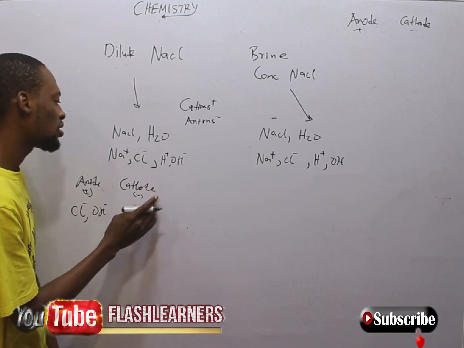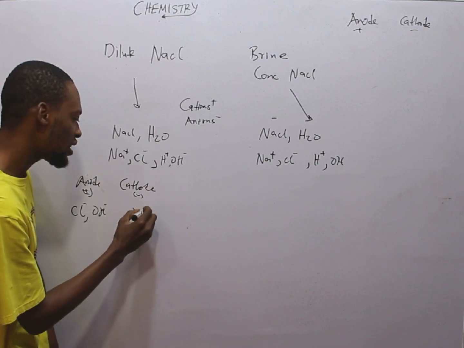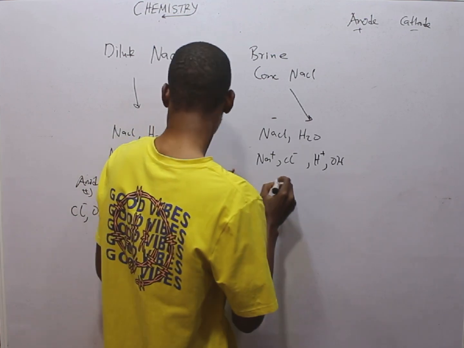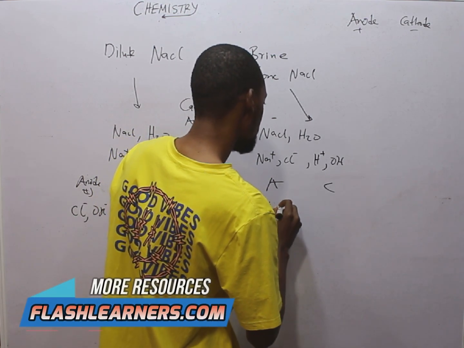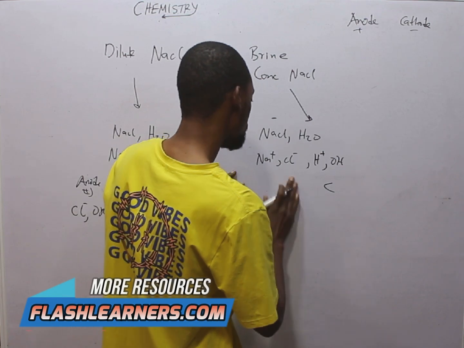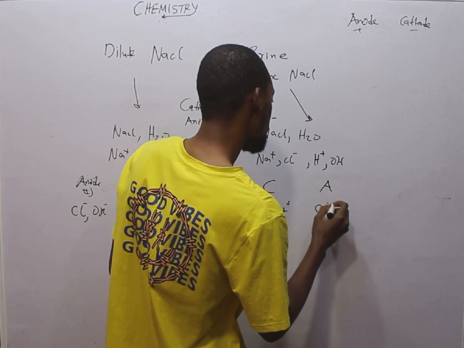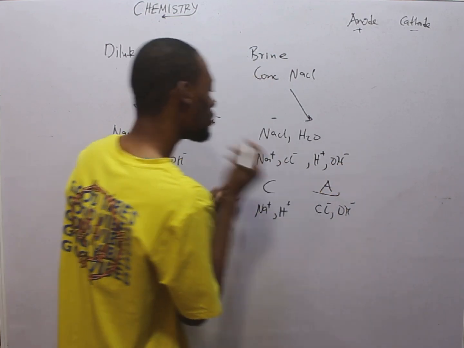In the cathode, you have positive ions, they migrate to the cathode, Na+, H+. Same thing happens here. Na+ and H+ go to the cathode, negative ions go to the positive anode. So Cl- and OH- move to the anode.